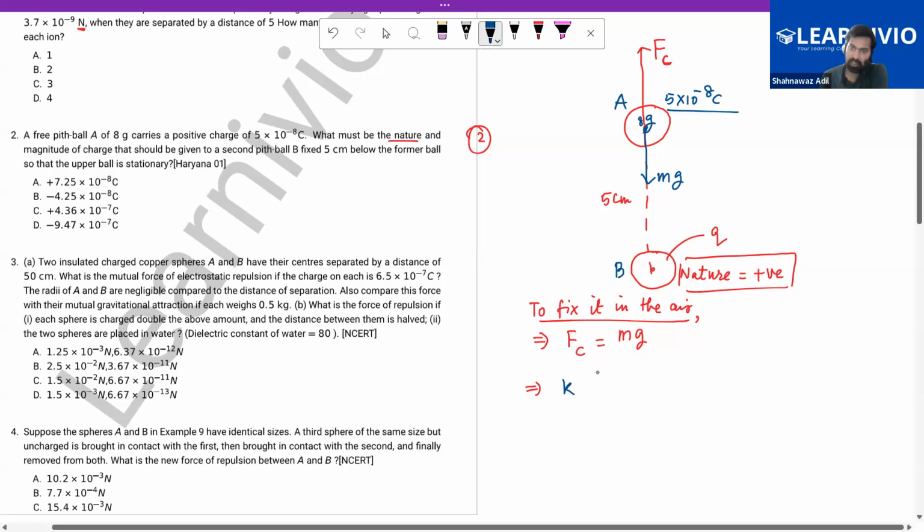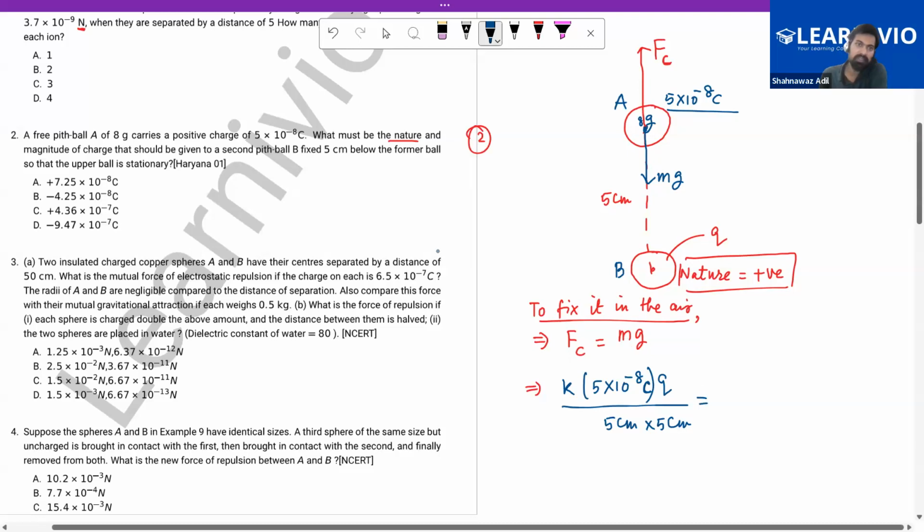So k, Q1 is given, 5 into 10 to the power minus 8, and then this Q we want to find out, divided by separation, which is also given, 5 centimeter into 5 centimeter. And this is in coulomb, so this is in SI unit.